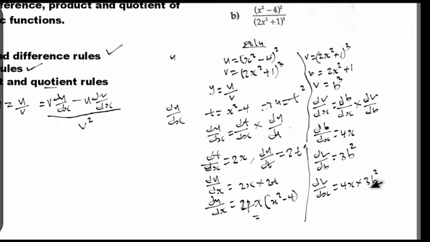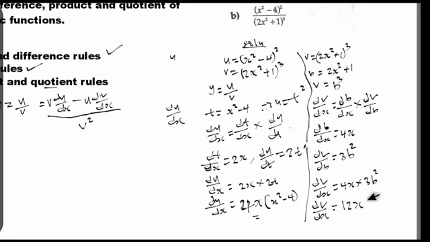Now what we just have to do here is multiply together. 4s times 3 gives us 12s. So definitely we have dv/ds is equal to 12s times b squared. And remember, this our b represents 2s squared plus 1. So you have to replace this b with it.